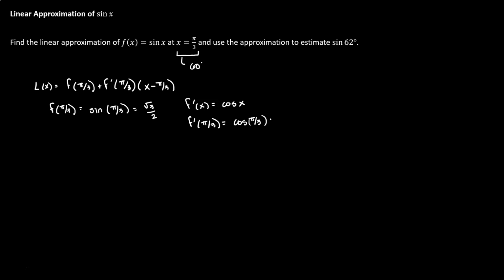And we find 1/2. So to finish off our L of x function, we have root 3 over 2 plus our derivative at pi over 3, which is 1/2, times the change in x, x minus pi over 3. And this is our linear approximation function.